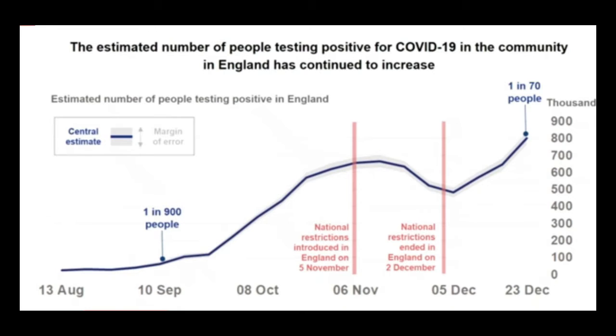And you can see the effect of the national restrictions bringing the curve down in the period between 6th November and 5th December. But then, unfortunately, you can see the sharp takeoff after that. That is all too familiar to all of us now.